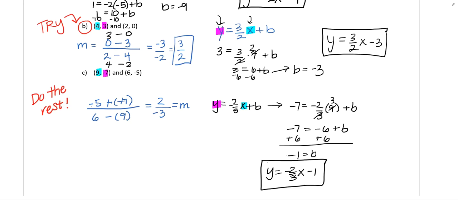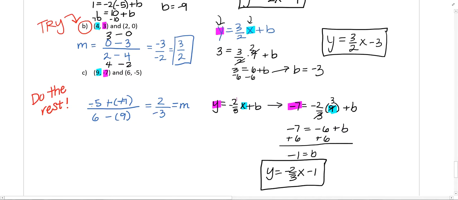Okay, let's check your work. Now you could have gotten the same answer using the point 6, -5. All right, but I used 9, -7. So I plugged in 9 for x, so right here, and then I plugged in -7 for y.